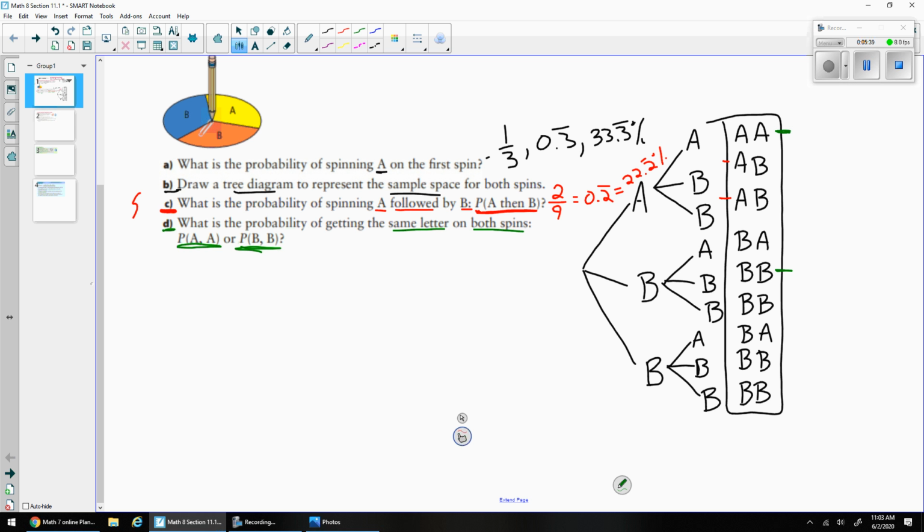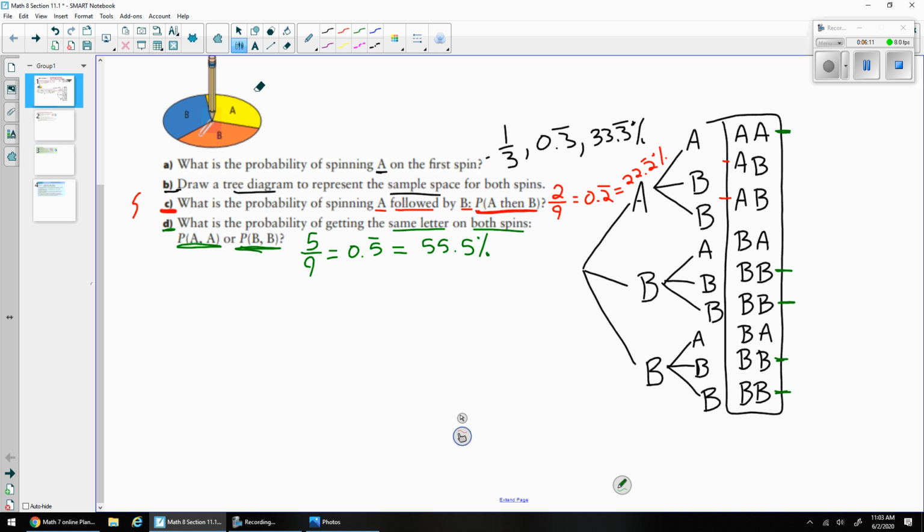B then B, B then B, B then B, B then B. So in this case, there are 5 out of the possible 9 outcomes. So 5 divided by 9 is equal to 0.5 repeating. 2 divided by 9 is 0.2 repeating. 5 divided by 9, 0.5 repeating, which is equal to 55.5%.